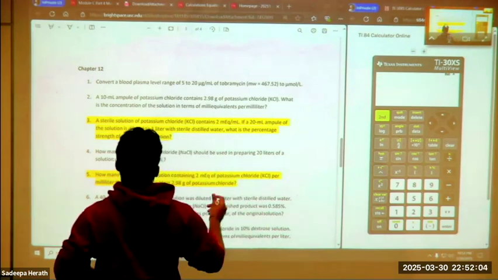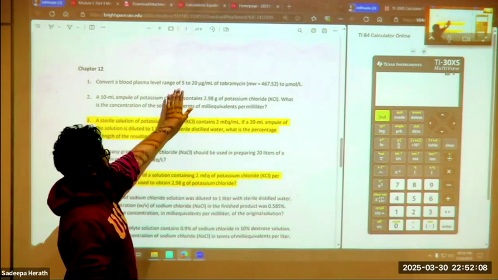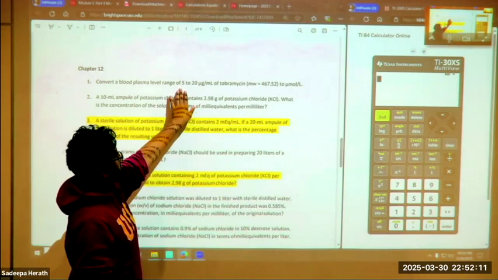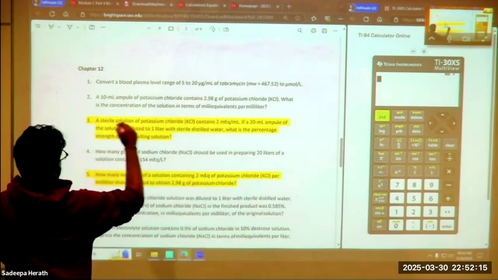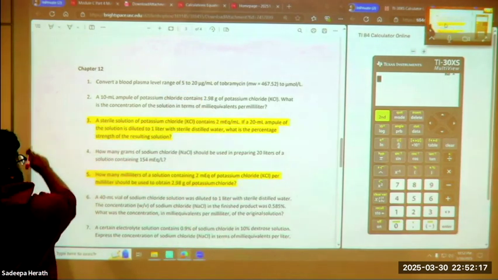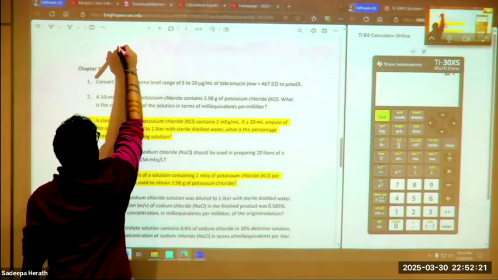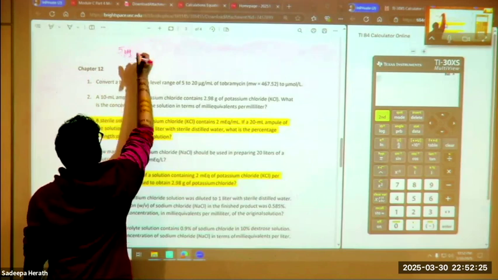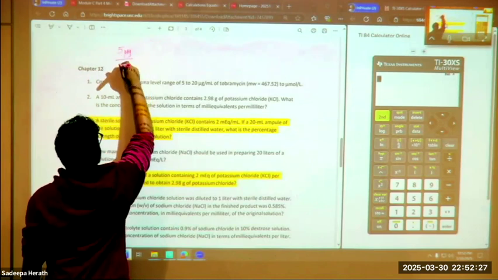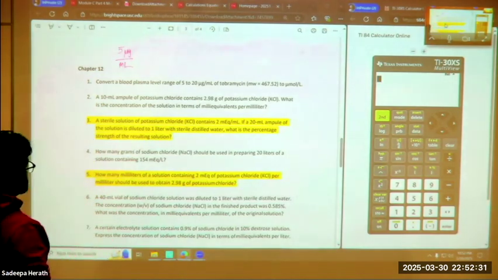So let's start with this. This is a range, so we're going to individually have to calculate one for 5 micrograms per milliliter and one for 20 micrograms per milliliter. So let's start with 5 micrograms per ml, right? And what we want is micromoles per liter.